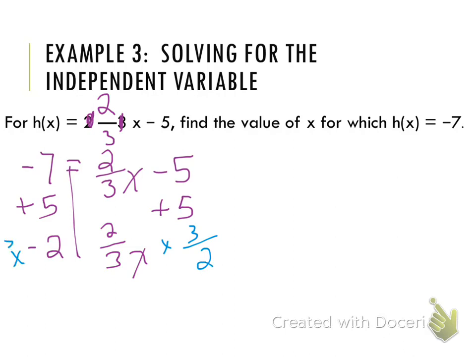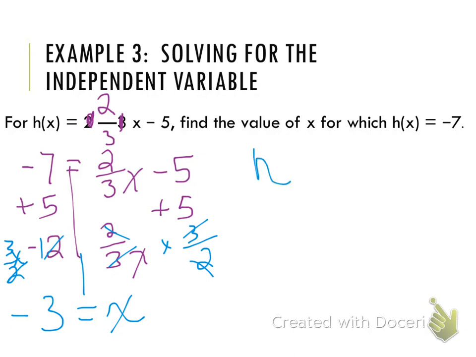Whatever you do to one side, we do to the other. The 2's cross out, the 3's cross out. We're left with x on this side. And the 2's cancel out. So we've got negative 1 times 3, which is negative 3. So x is negative 3.